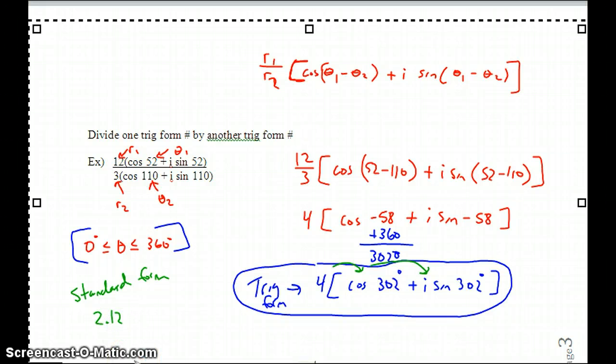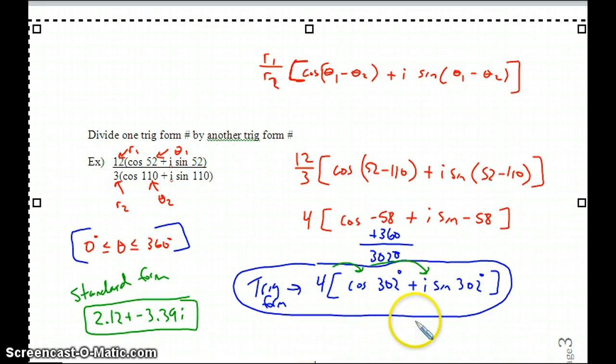And 4 times the sine of 302 is negative 3.39. So it would be plus negative 3.39i. So this would be standard form, this would be trig form. Again, typically we would leave it in trig form unless your question actually tells you which form they want.